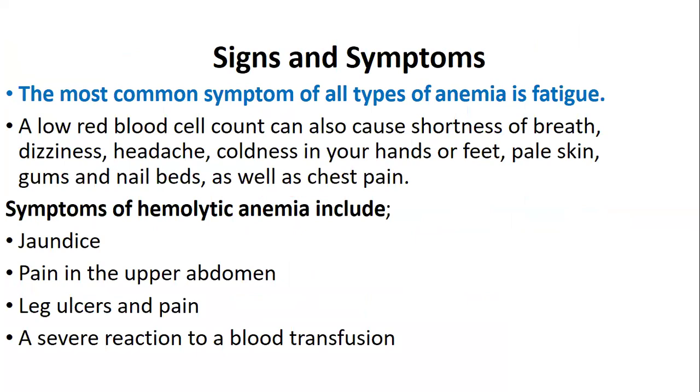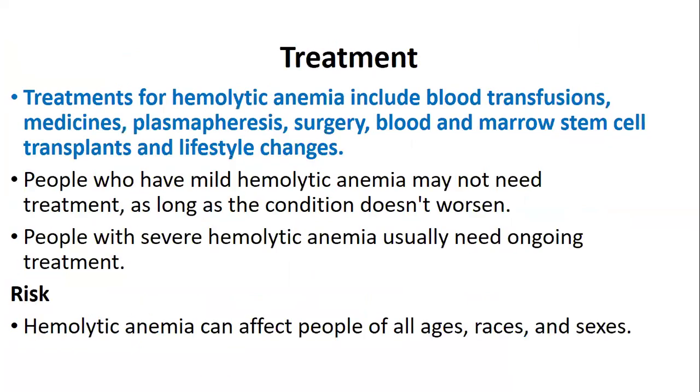This will present with the traditional signs and symptoms as we have already itemized, as well as jaundice. Leg ulcers, as well as pain, may accompany this condition as part of the signs and symptoms.